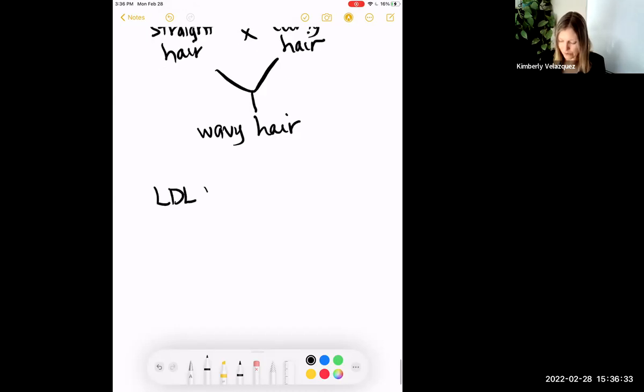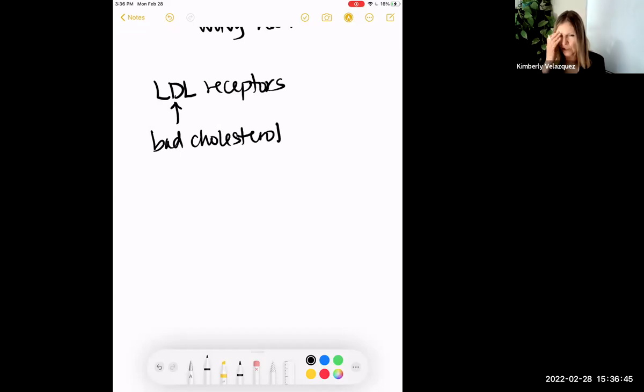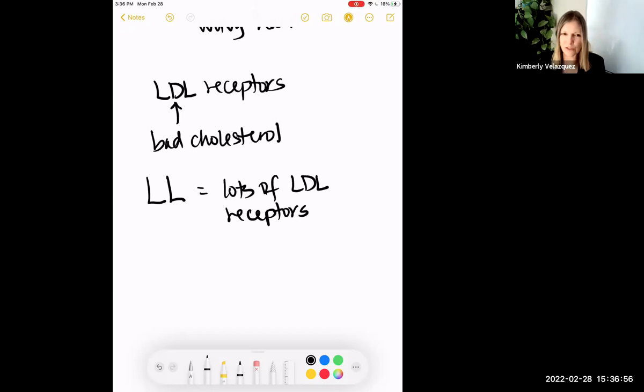LDL receptors on your cells. LDL, this is the bad cholesterol. I'm going to use big L as my gene. We're going to say big L, lots of LDL receptors on your cells. These are people who can eat French fries every day and not get high cholesterol.